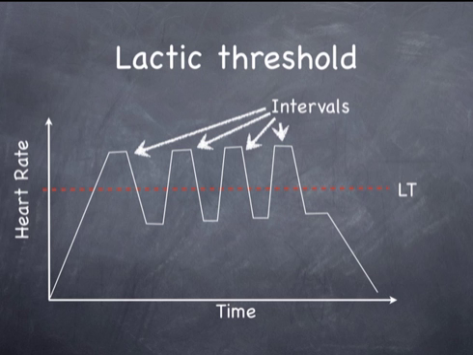So then later on, after the session, you don't get faster when you're training, you get faster when you're sleeping, you get faster after the workout when you're resting, giving your body all the correct nutrients that it needs. Then it starts to adapt, and it's that adaptation that's going to start increasing the lactic threshold. Basically, your body looks at it and thinks, wow, that's something that I might be exposed to again. I better do something about this. I better get a little bit stronger. And so the lactic threshold just inches up.